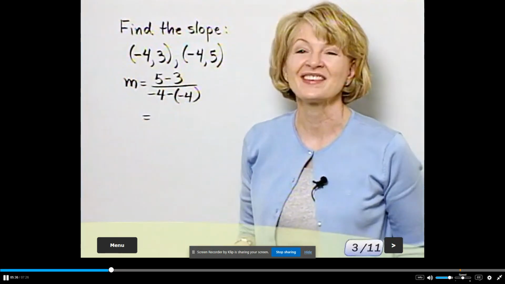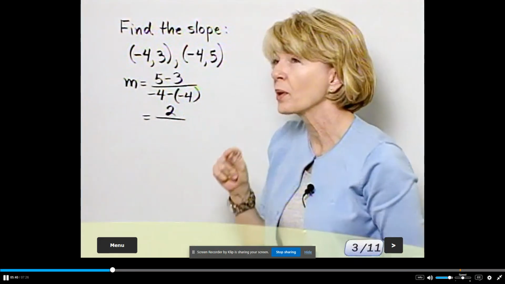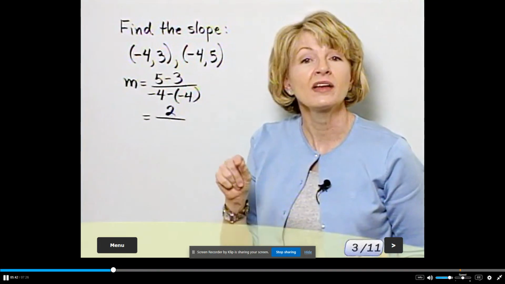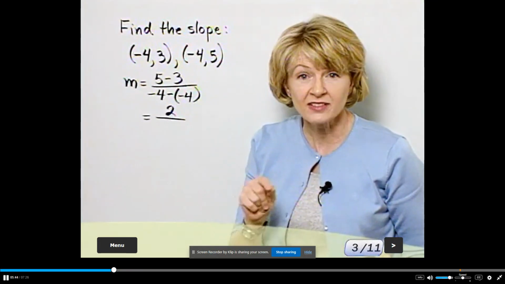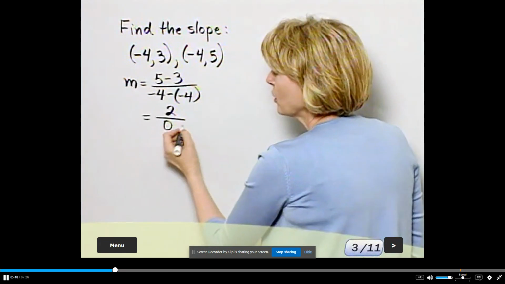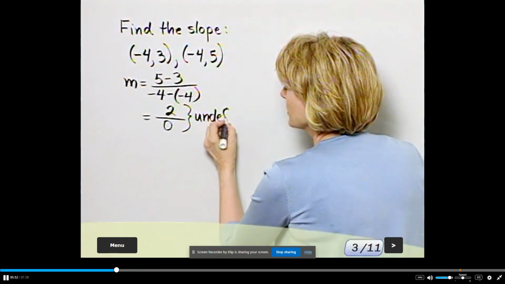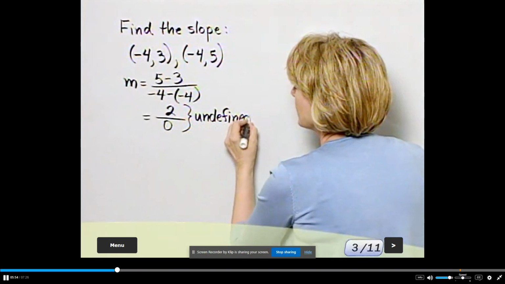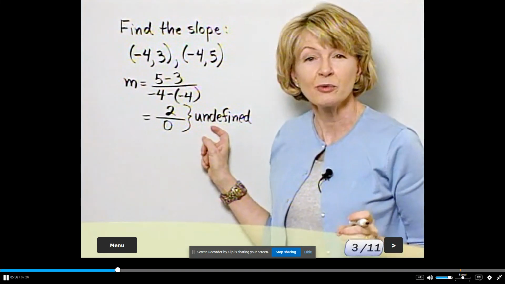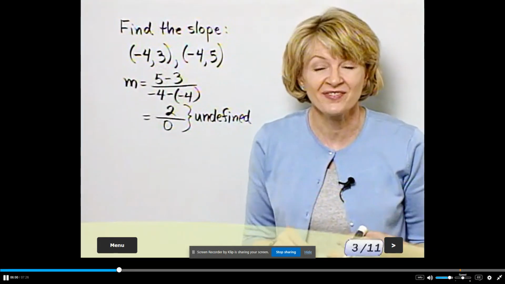Let's see what we have. 5 minus 3 is 2, and negative 4 minus a negative 4 is negative 4 plus 4, and that is 0. So we call this, remember, undefined. We cannot divide by 0. So we say the slope here is undefined.